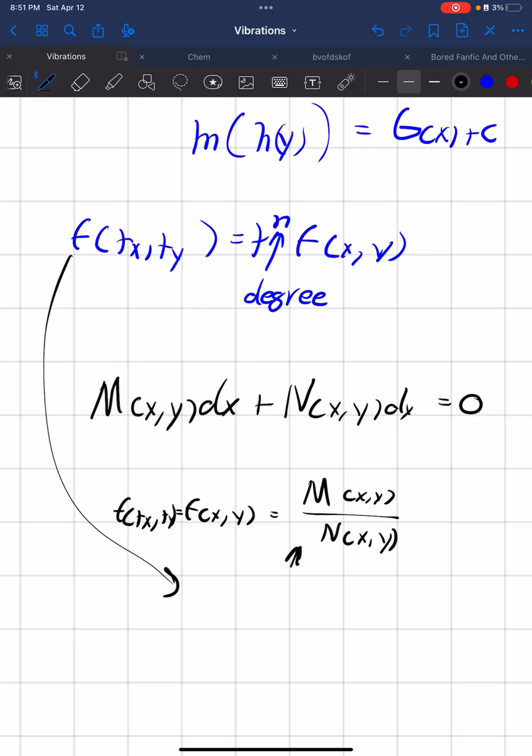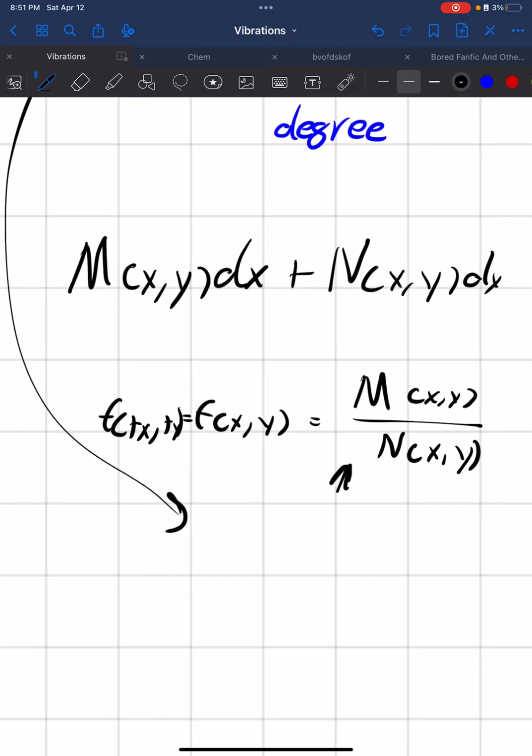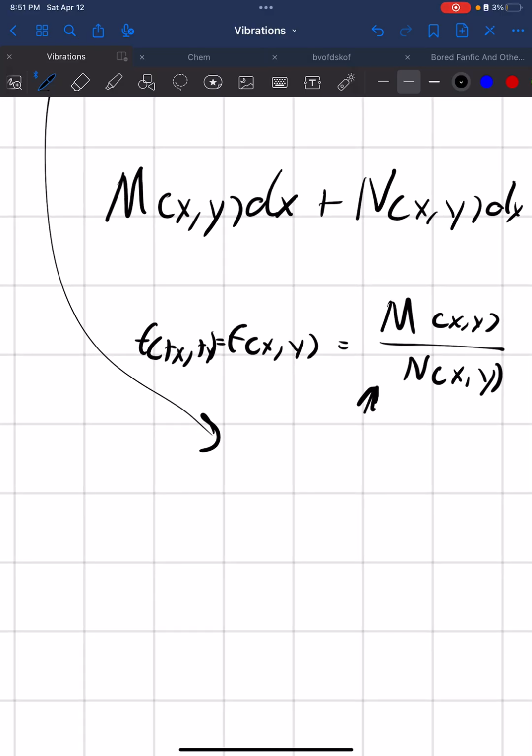Let's see. So this is called a z substitution. And what you'll do is if this equation is true, then you can say that z is equal to y over x.